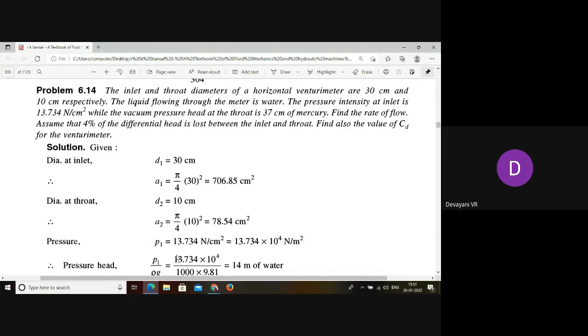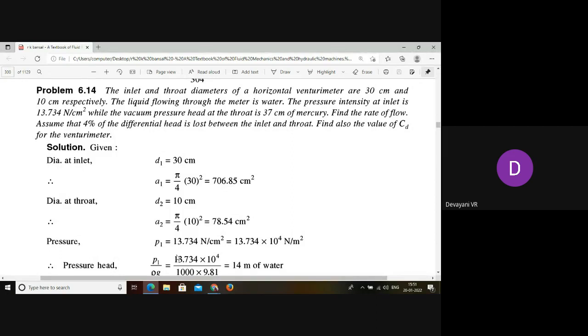And also we should calculate the coefficient of discharge for the venturimeter. So using all these values, we should calculate the discharge as well as the coefficient of discharge also. Is it clear about the problem?